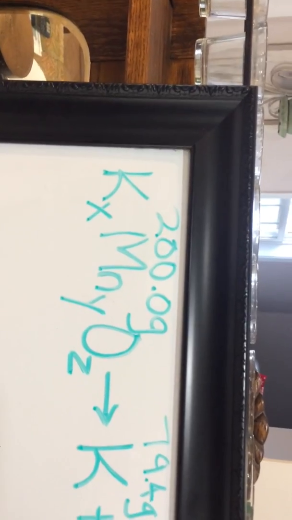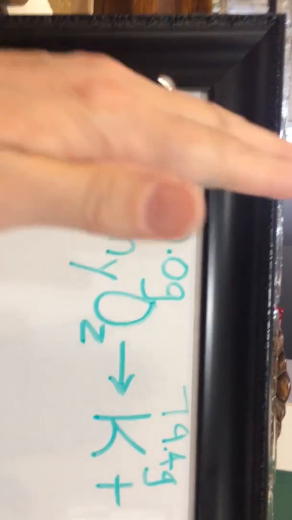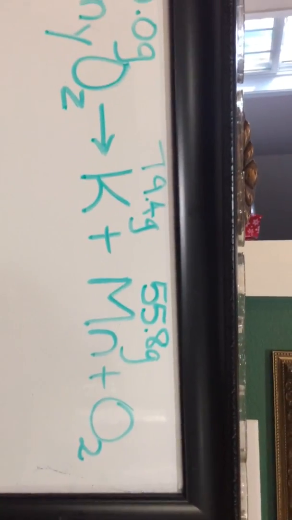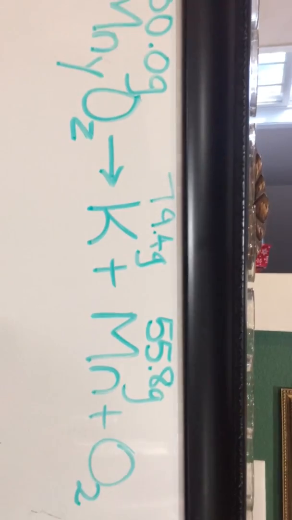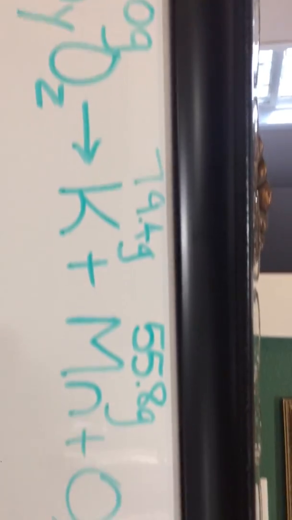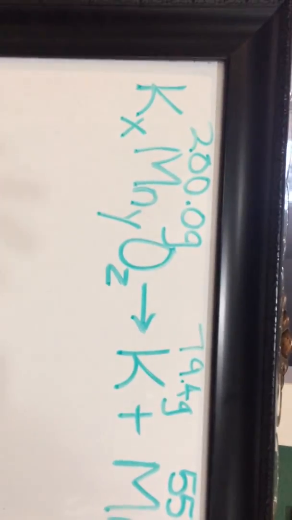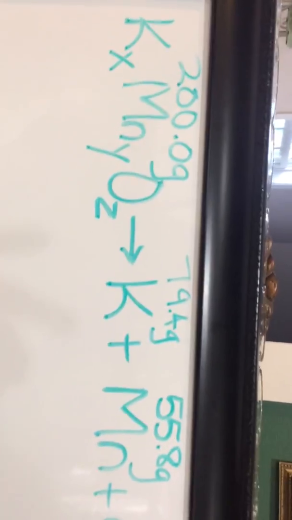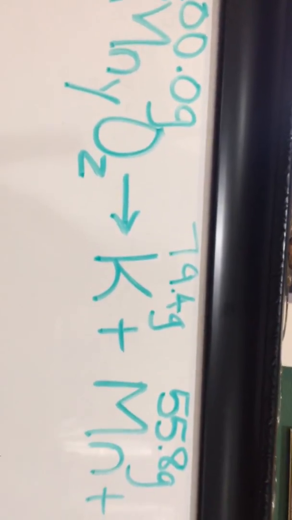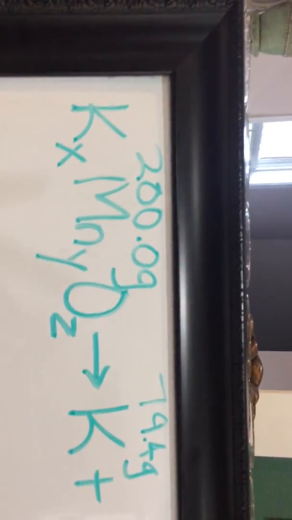But just like we learned the law that said this side must equal this side. And working with Bo yesterday, I should have looked this up, Bo. I didn't look it up. Law of mass conservation, I think is what I'm going to go with. That's what he said. So it must equal 200. So we can figure this out by adding 79.4 and 55.8 and then subtracting that from 200.